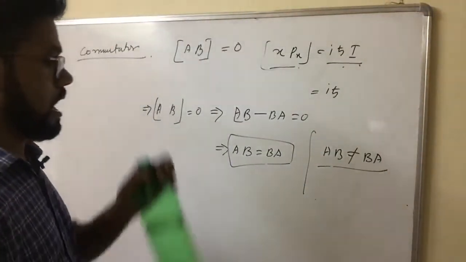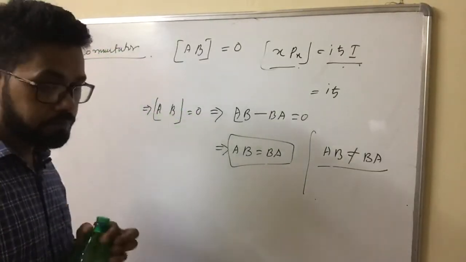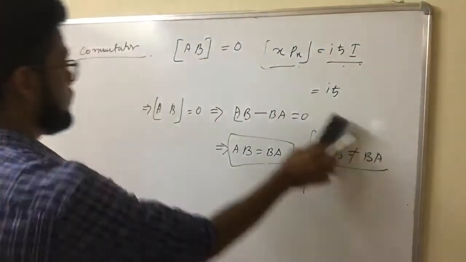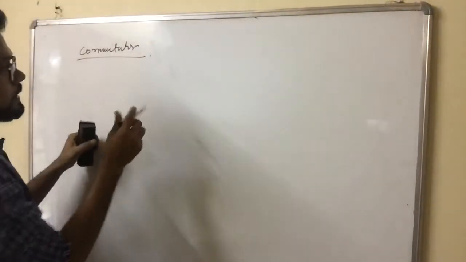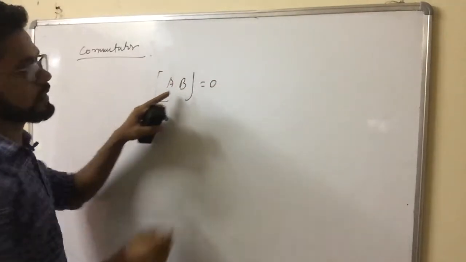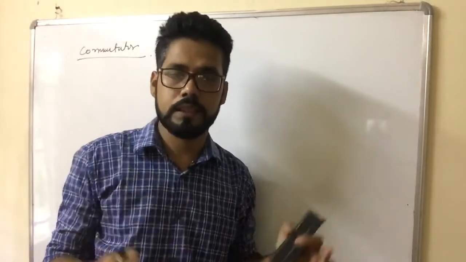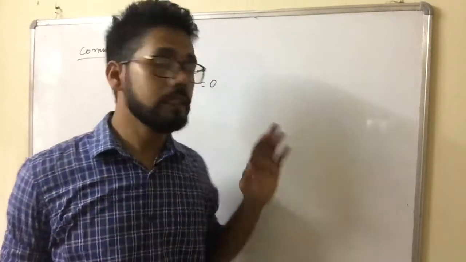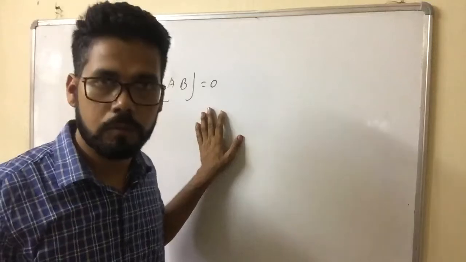Next, this is the physical meaning. Another physical meaning I am telling you: suppose the commutator of A and B, two physical operators or measurable quantities, equal to 0. Then these two operators will have a common eigenfunction.